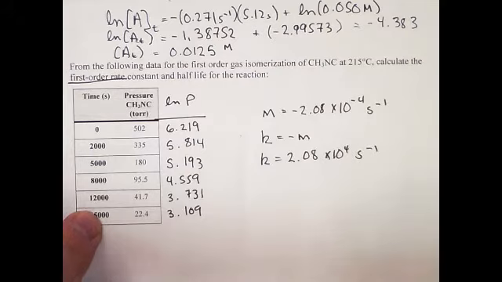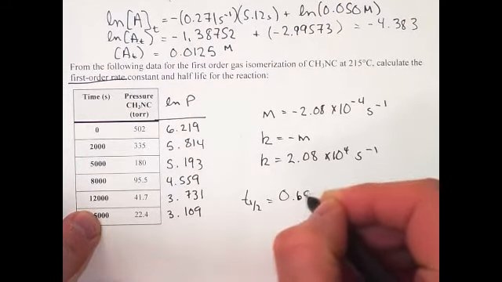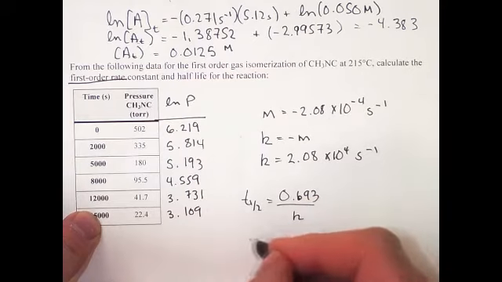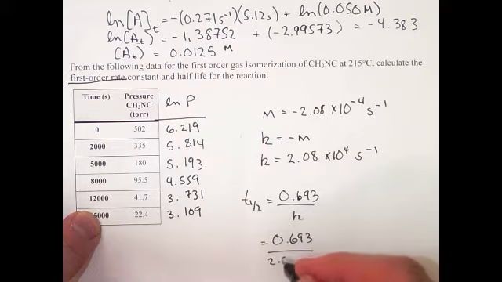The other part that this is asking is for half-life. So it is first order, so 0.693 over k equals 0.693 over 2.08 times 10 to the negative 4 seconds to the negative 1.